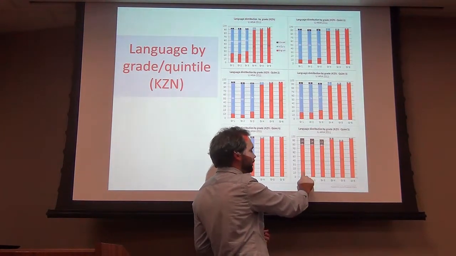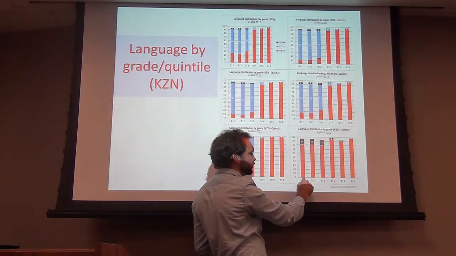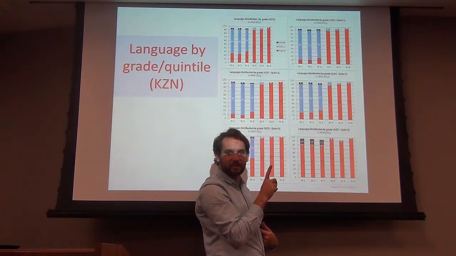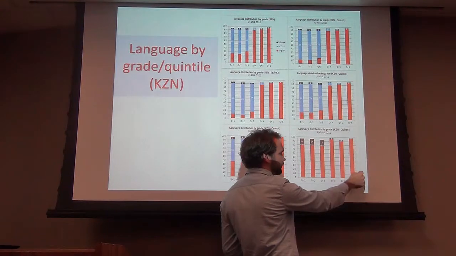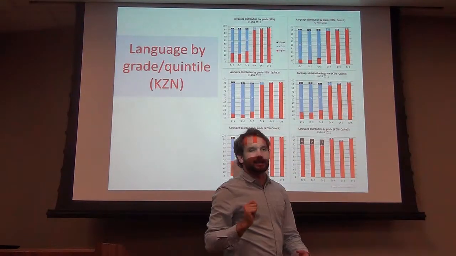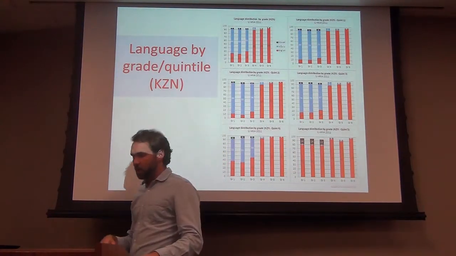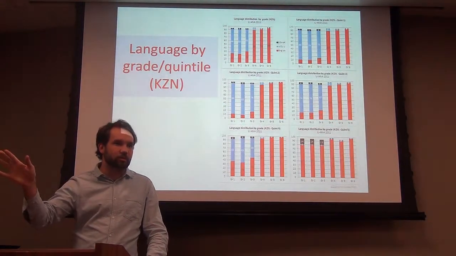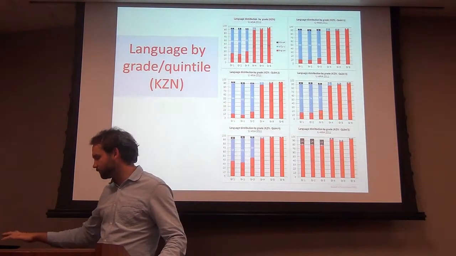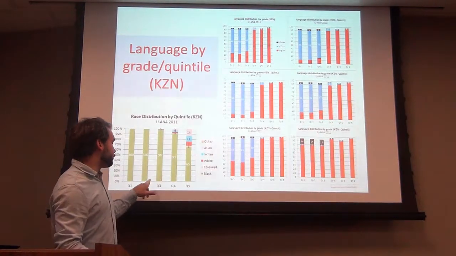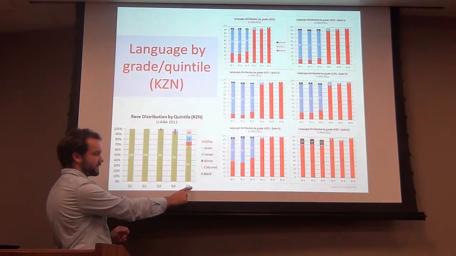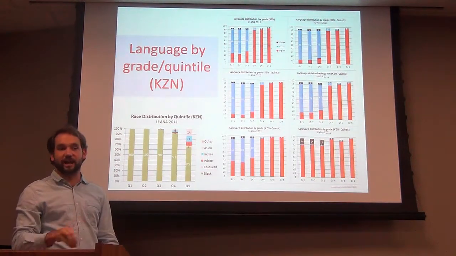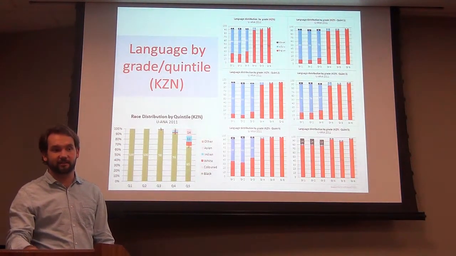In quintile 5, the majority of students, 80%, are learning in English from day 1, from grade 1, and then they learn in English their whole time. We might say, oh, this is rich white students, or students who naturally have English as a first language, so they're not learning in a second language. But if we look at the racial breakdown of the different quintiles, you can see that 65% of quintile 5 students are actually black in KZN.